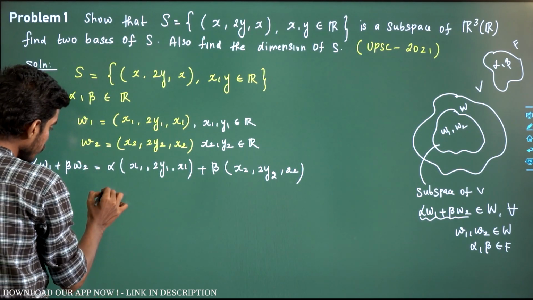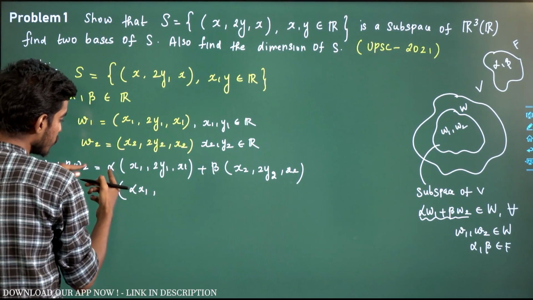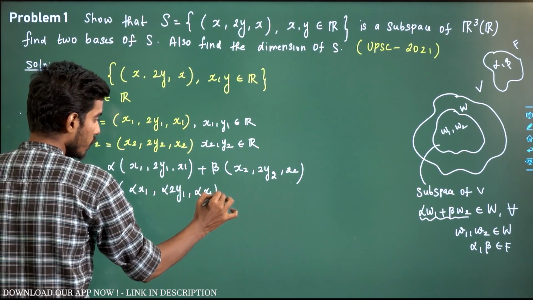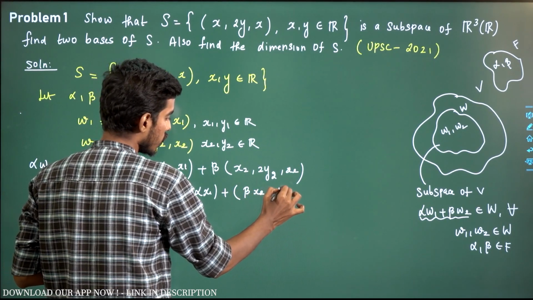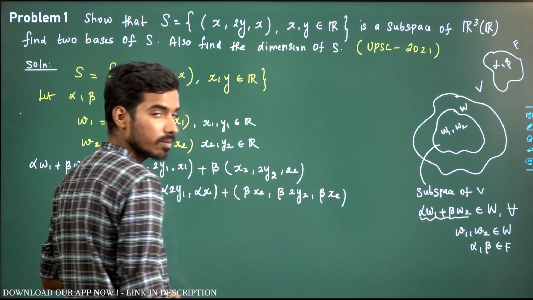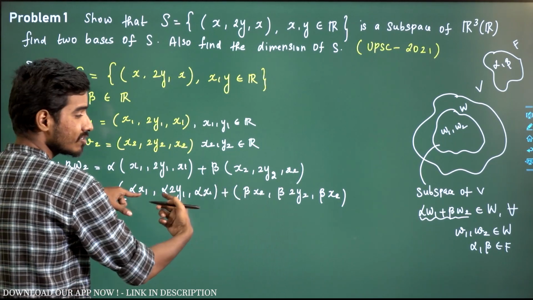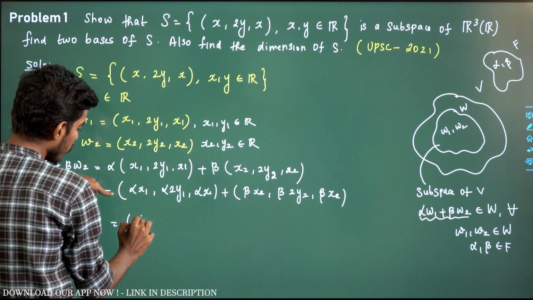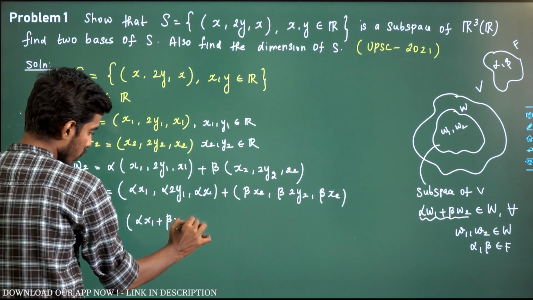I can write this as alpha times x1, alpha times 2y1, alpha times x1, just multiplying alpha inside, plus if I multiply beta inside, beta times x2, beta times 2 times y2, beta times x2. Now I'm just going to add these two tuples. The first is alpha times x1 plus beta times x2.